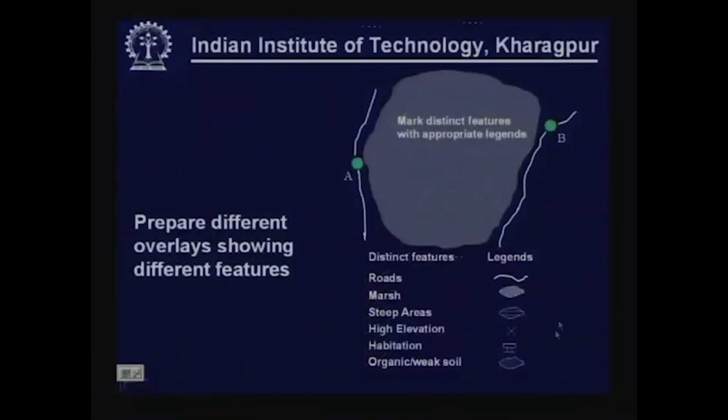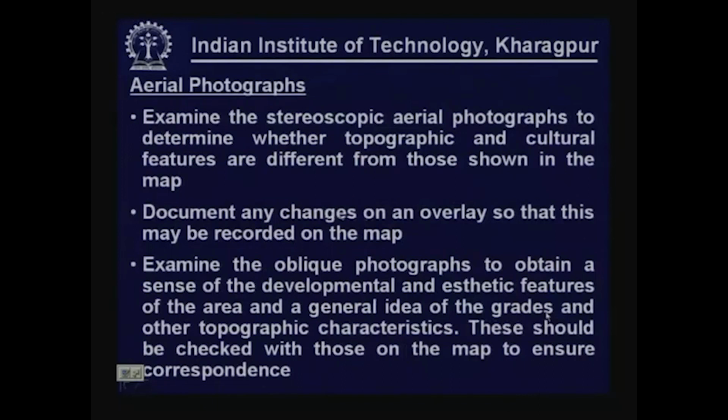Now, next is the aerial photographs. Often it happens that whatever information you obtain from topographic maps, they might be old maps. So, the present ground reality might have changed a lot.